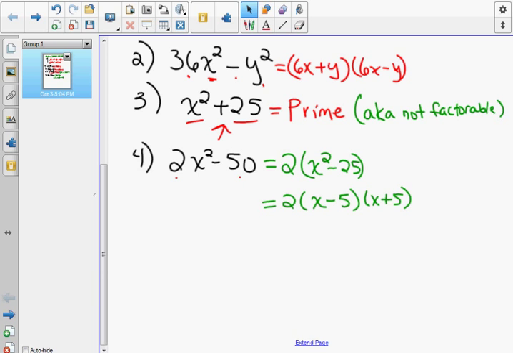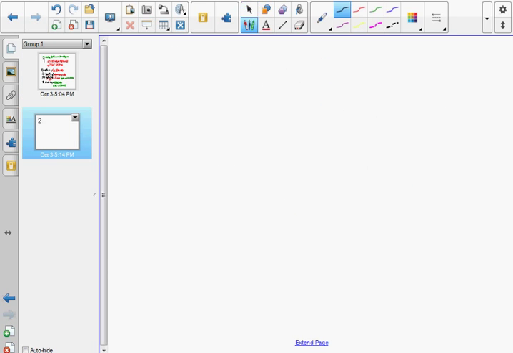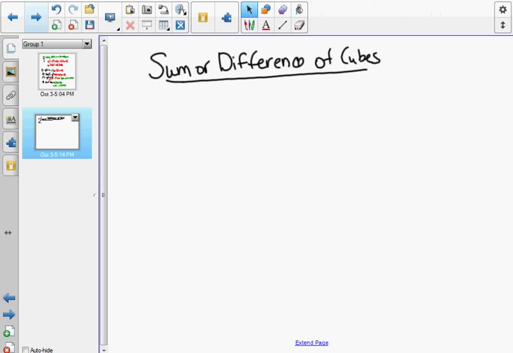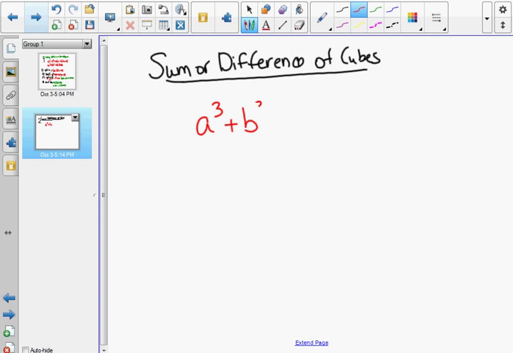Alright, so now we're going to look at a second special pattern. The next one is going to be the sum or difference of cubes. So here's what the pattern looks like. a cubed plus b cubed, and when we factor it, we're going to get a plus b for the first binomial term.